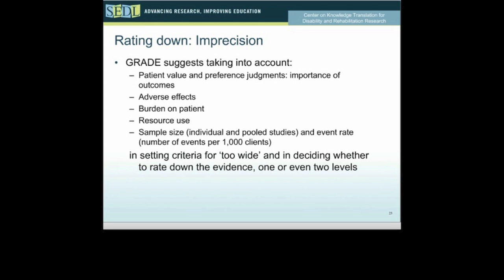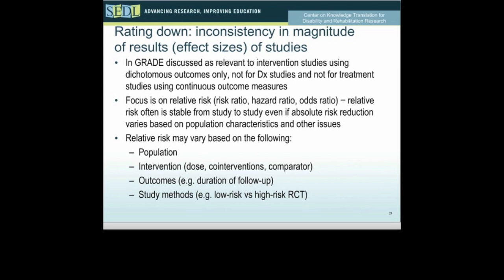I don't have one, so we have moved into inconsistency, where you may have narrow confidence intervals of various studies each, but you have inconsistency from one study to the next. Study 1 finds that the treatment is better than the comparator.